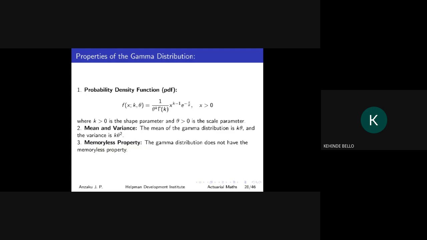But actually, what it means is that it decays at a continuous, constant, independent rate. But the gamma distribution does not have the memoryless property. Then the support of the gamma distribution is x greater than 0.